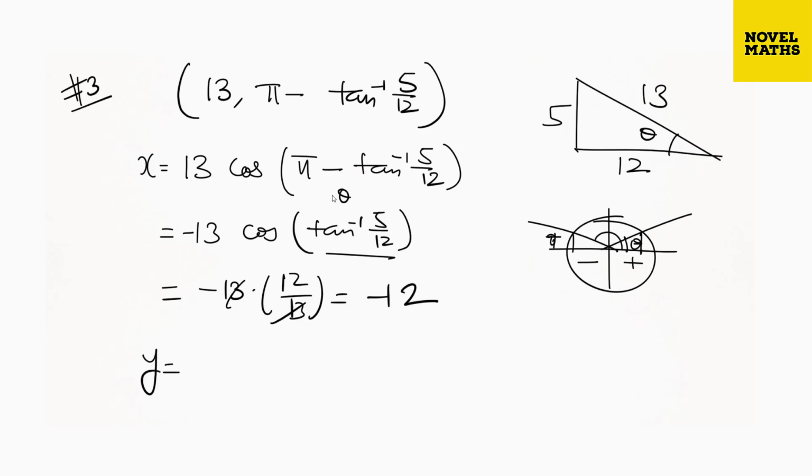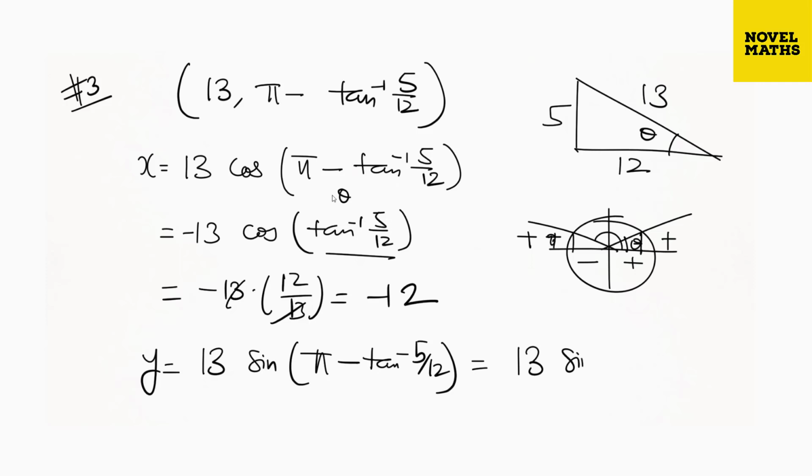For the y coordinate, similarly we will write 13 sine of pi minus this angle 5 over 12. With pi minus, the sign doesn't change, right? Height is positive, so the y coordinate is positive. So we can simply write it as 13 sine of the angle itself. Inverse tan is always an angle.